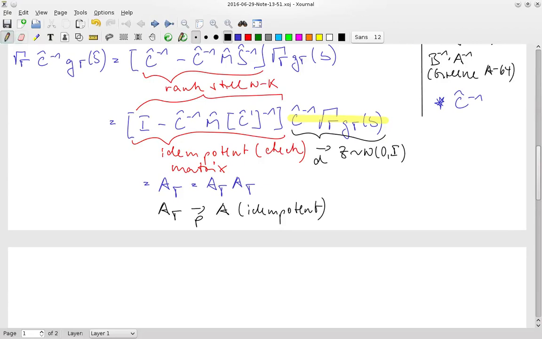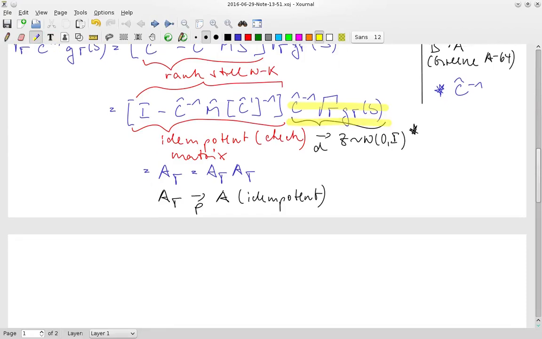I'll come back to this star result and show you that Z is actually standard normally distributed, that this underbraced term converges in distribution to a standard normal.